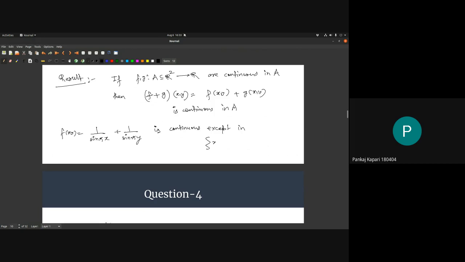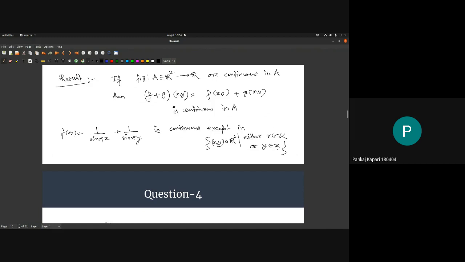Except in this set, x comma y in R2 such that either x belongs to Z or y belongs to Z. So except this particular subset of R2, this function is continuous everywhere. And this function was not continuous in this subset because if you take any point from this set, then either sine of pi x becomes 0 or sine of pi y becomes 0. That means the function itself is not defined there.